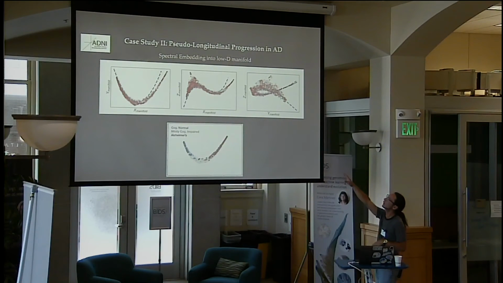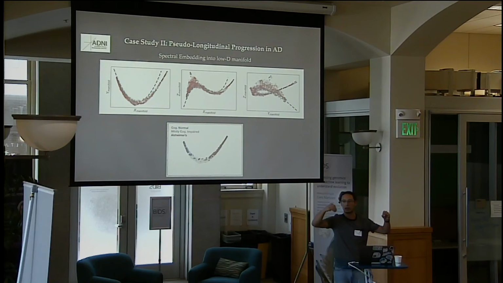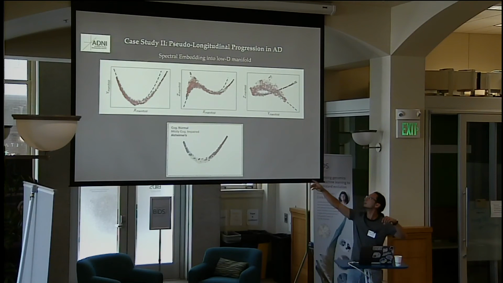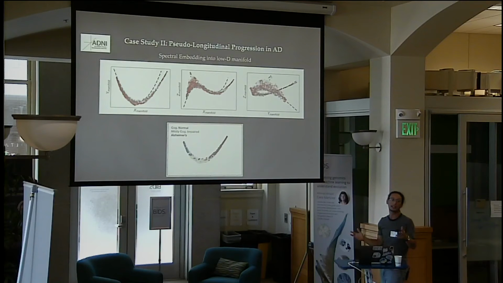So here I'm showing 3 projections of a 3-dimensional manifold, which is basically an unfolding of a 1-dimensional manifold, where the dots are different patients from the ADNI, the Alzheimer's Disease Neuroimaging Initiative. It's a cross-sectional data set where each of those dots is a patient. Basically what I'm doing is taking all the information we have about those patients and condensing it into this one-dimensional manifold.